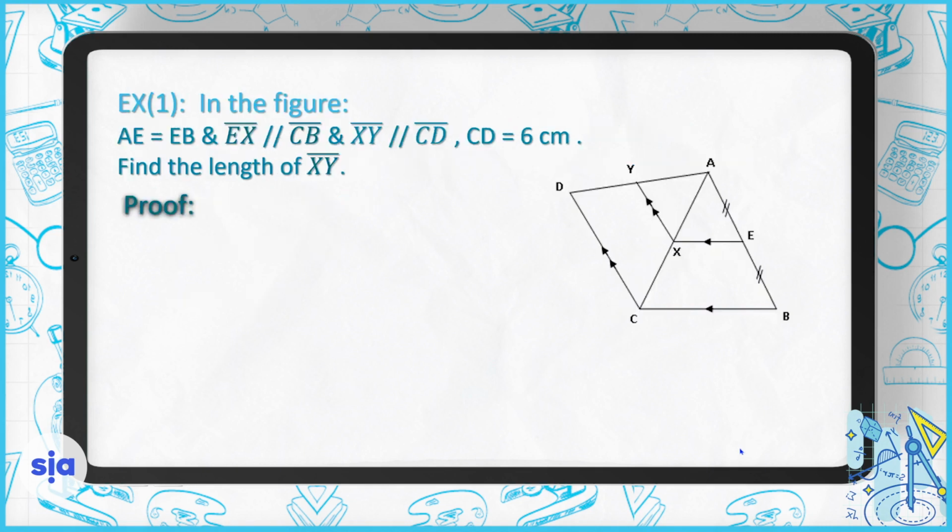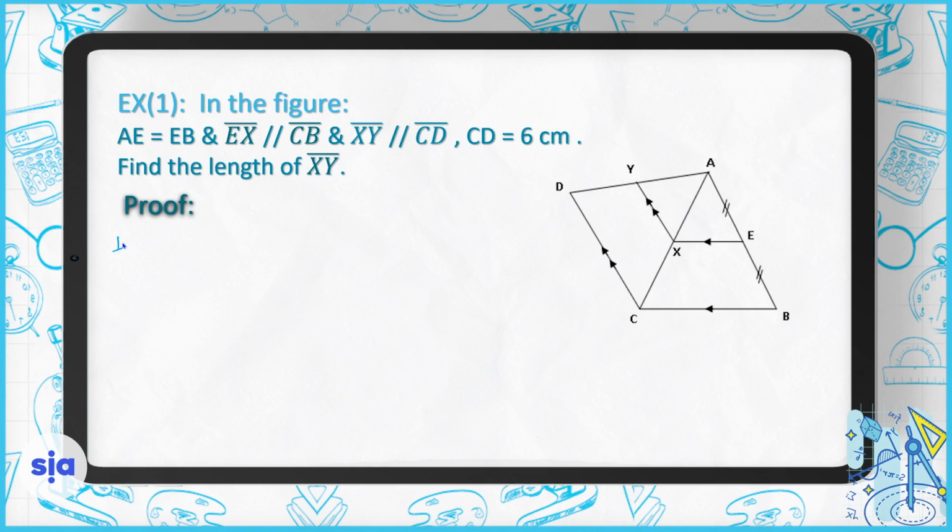Exercise number 1. In this figure, if AE is equal to EB and segment EX is parallel to CB and segment XY is parallel to segment CD, where CD is 6 centimeters, the question wants me to find the length of XY.